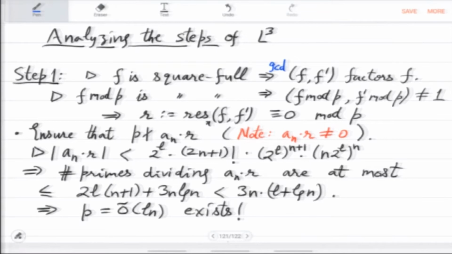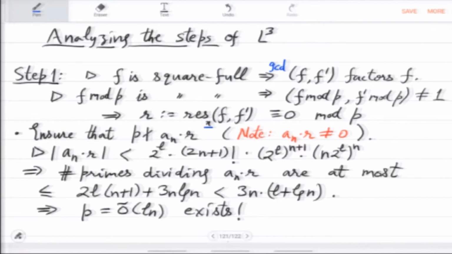Now it may happen that f is square free, but mod p it is not square free. So if it is not square free mod p, then the GCD of f and f prime mod p will be non-trivial, which implies that the resultant of f and f prime with respect to x, when you eliminate x, you are left with an integer, and that integer will be divisible by p, it's 0 mod p.